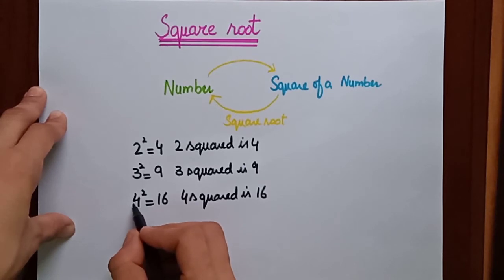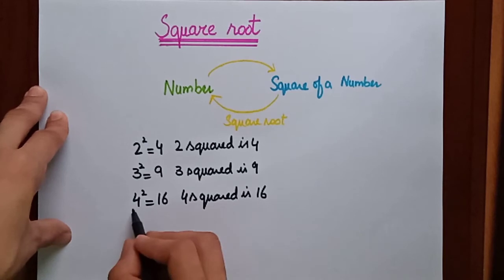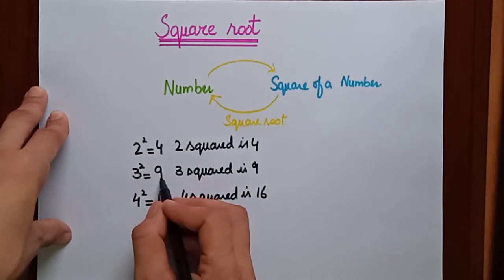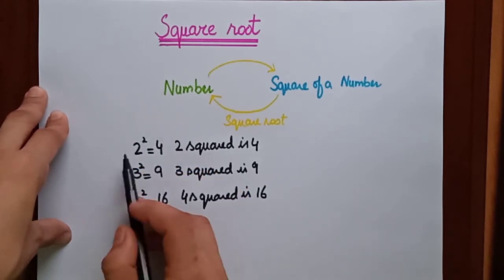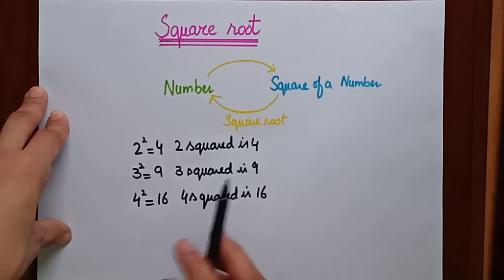Squared means we have to multiply the number with itself. 4 4s are 16. So 4 squared is 16, 3 squared is 9, 2 squared is 4. This is the process of finding the square of a number.